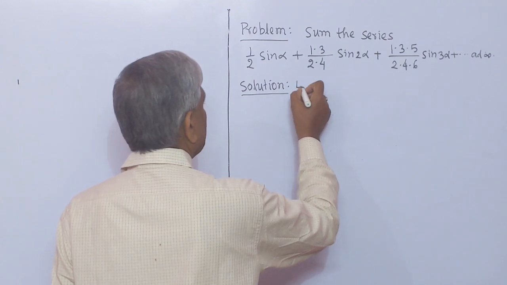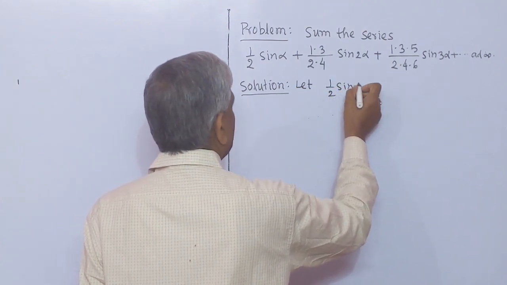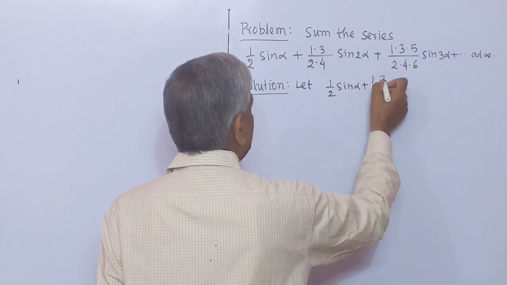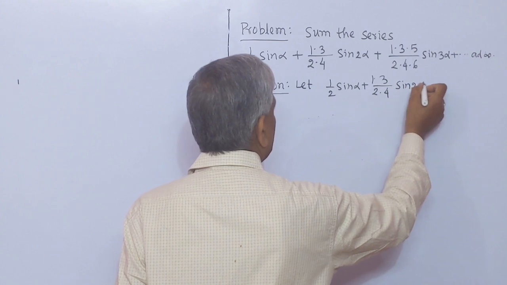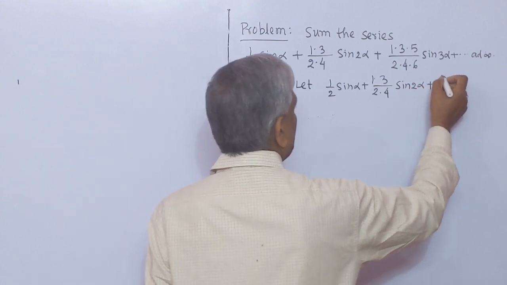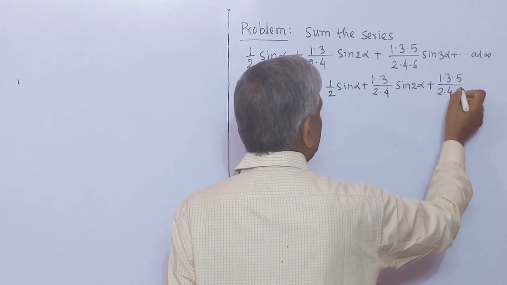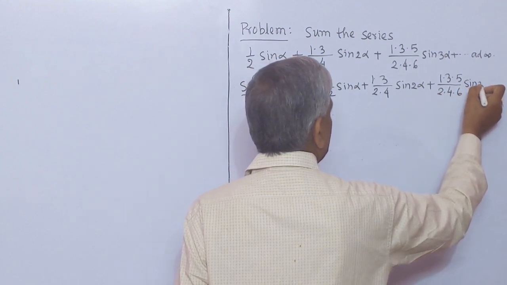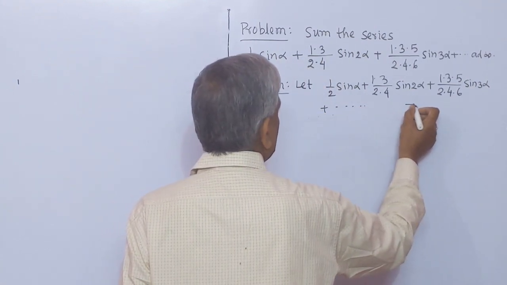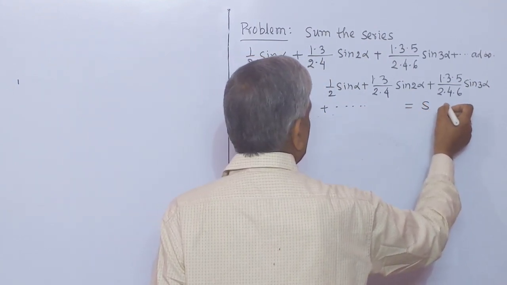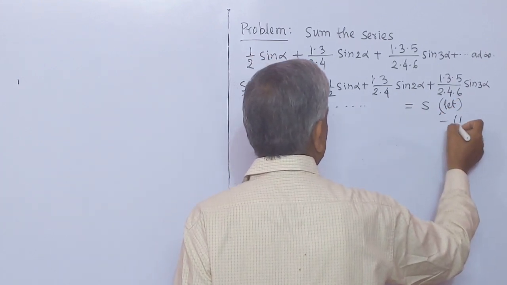Let half sin alpha plus 1 multiply 3 by 2 multiply 4 sin 2 alpha plus 1 multiply 3 multiply 5 by 2 multiply 4 multiply 6 sin 3 alpha plus dot dot dot. This is equal to S. This is number 1.